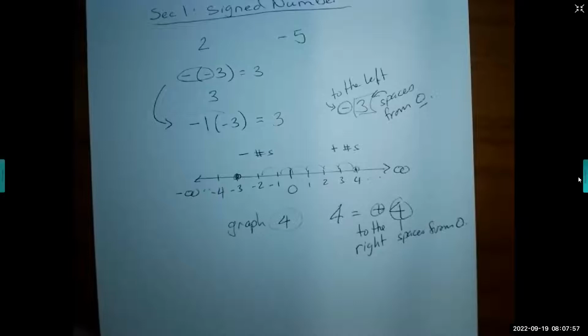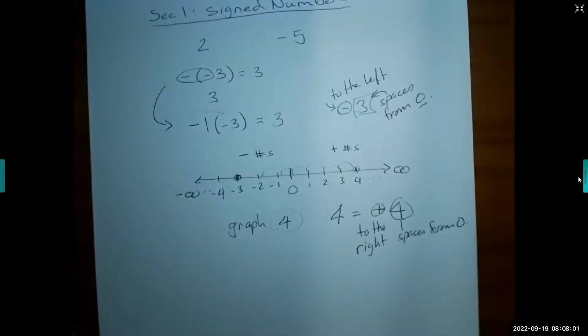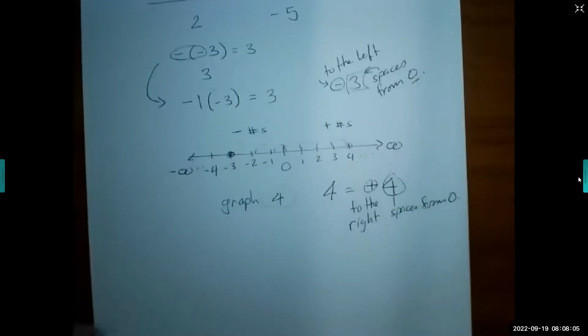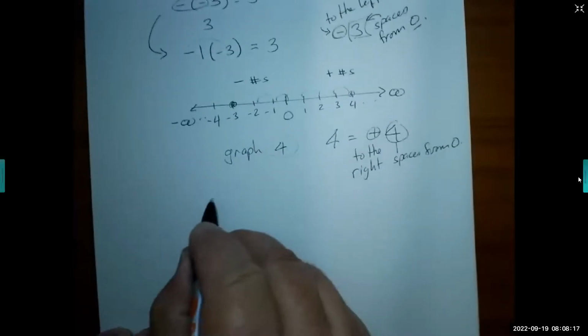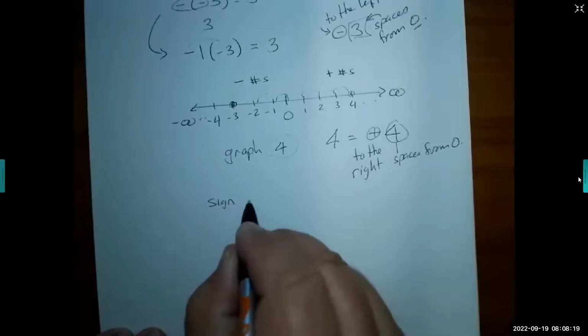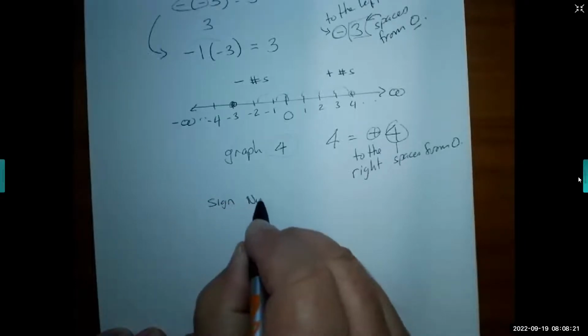I know you guys know these numbers. You've seen them before, but this is really what it means. So this is what negatives and positives really mean. Yeah, when I ask you to graph -3, you can just plot it there. But why? What does it really mean? The sign and the number.